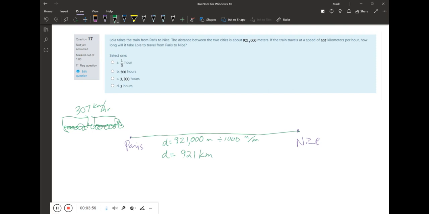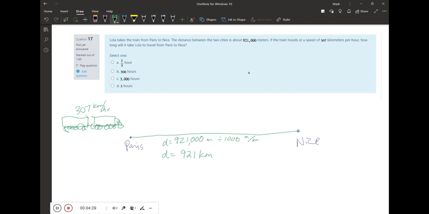So with 921 kilometers, and the thing goes 307 kilometers per hour, even if we didn't know the formula, if we think about a situation where we've gone a certain distance in a certain amount of time and tried to figure out how long it was going to take, and just think about, well, how would we figure that out? We can even create a situation that's an easy one to think of.